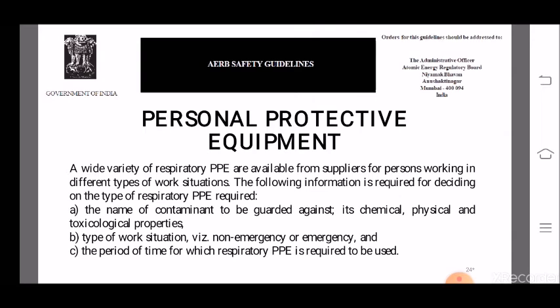The type of respiratory PPE are defined on the name of contaminants to be guarded against. It may be chemical, physical, or toxicological properties, the type of work situation, non-emergency or emergency works, and the type of time for which respiratory personal protective equipment is required to be used.